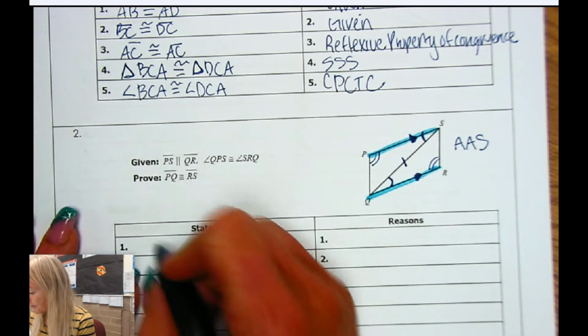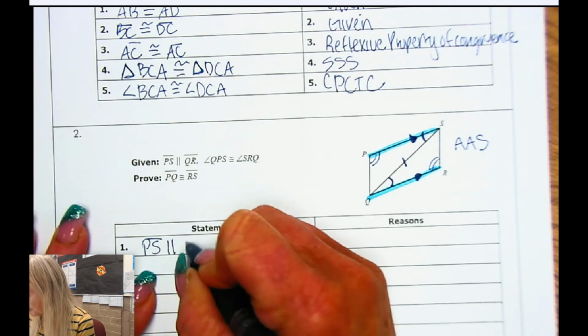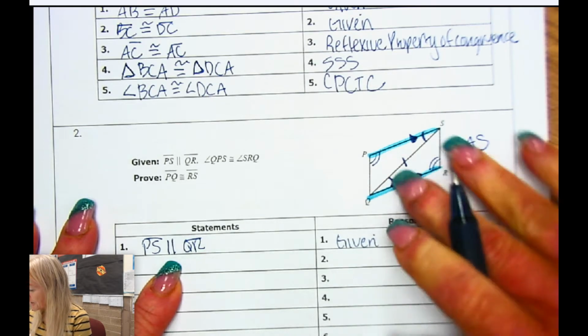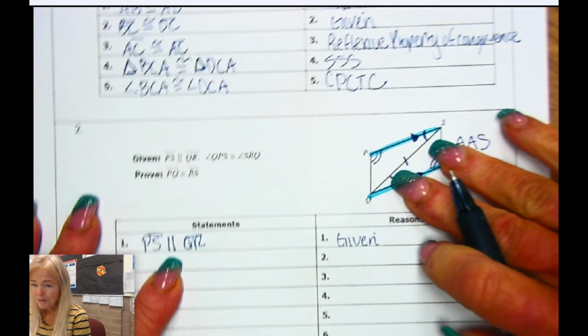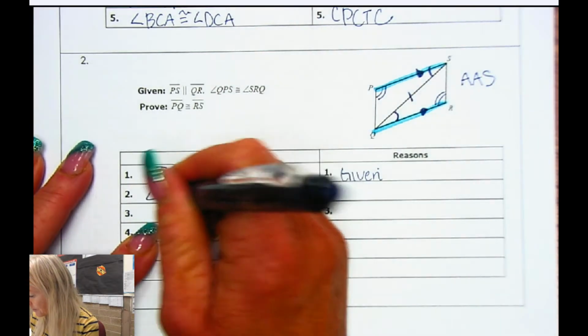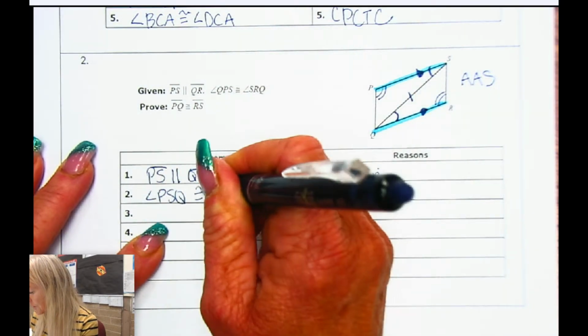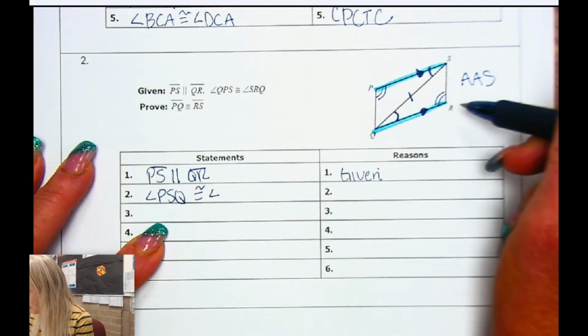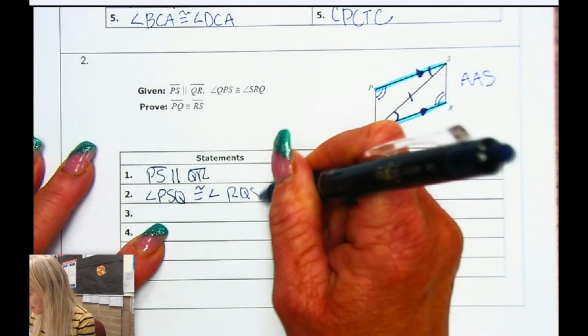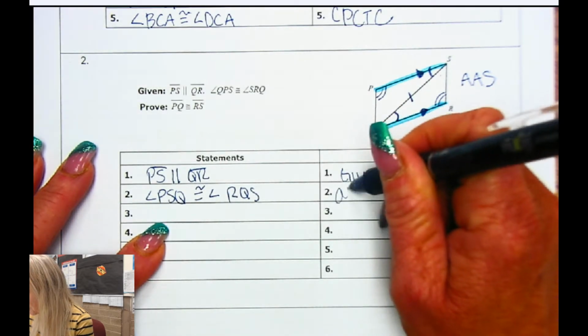All right, so our given is PS is parallel to QR, and that's given. And from that information, we note that these two alternate interior angles are congruent. So angle PSQ is congruent to angle, I started with 2, so I have to start with RQS. And that's by the fact that they're alternate interior angles.